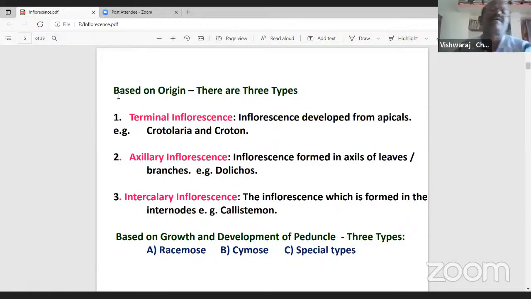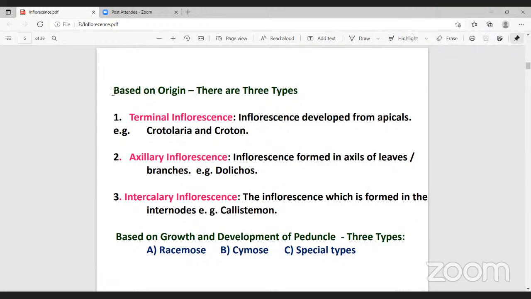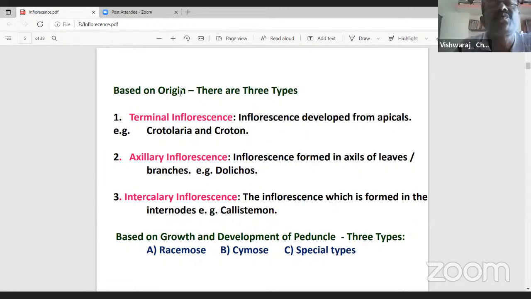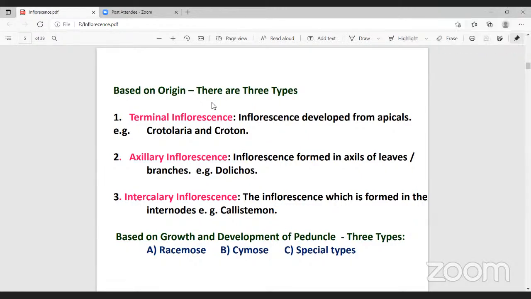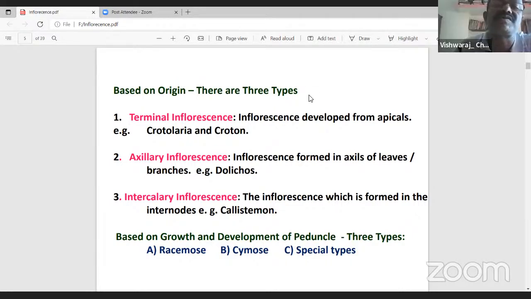Then inflorescence types are classified on the basis of origin. On the basis of origin, there are three types of inflorescence. Number one, terminal inflorescence: inflorescence developed from the apical position.